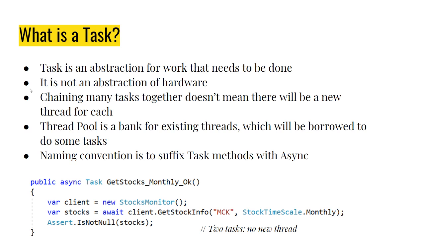So what is a task in C#? A task basically means that you have an abstraction of work that needs to be done. Literally a task. A task that you would put in your to-do list in real life could be abstracted away in the same manner in C#.